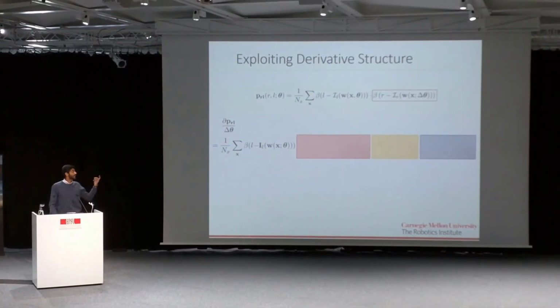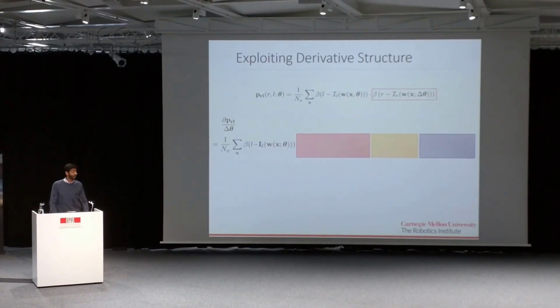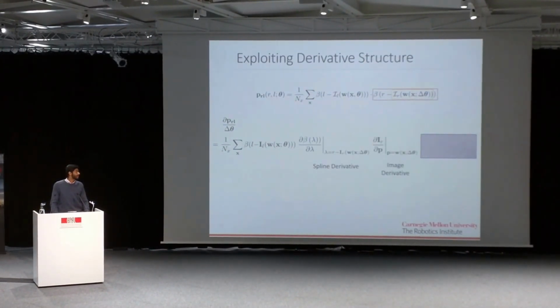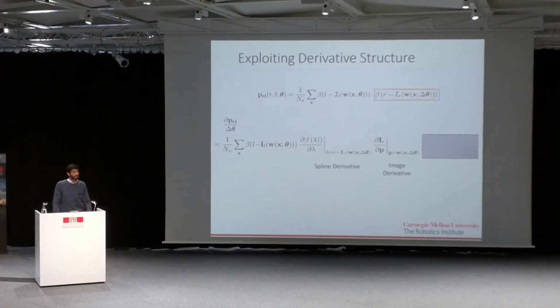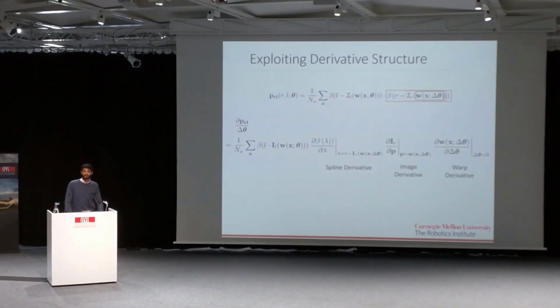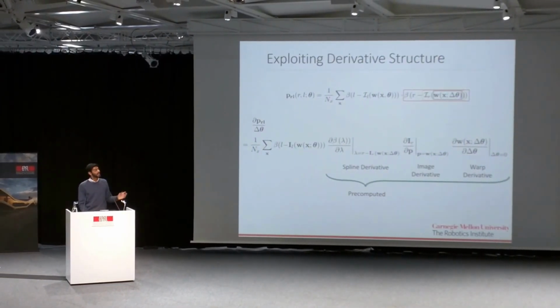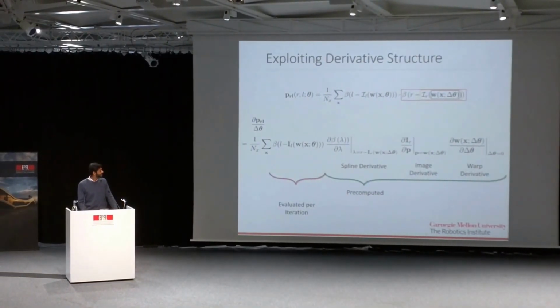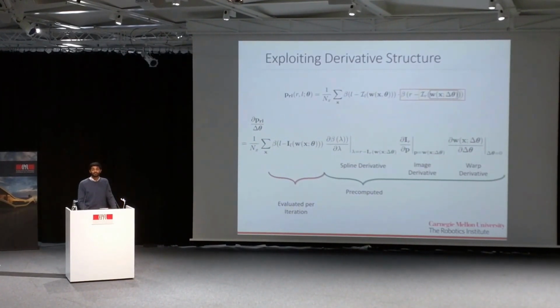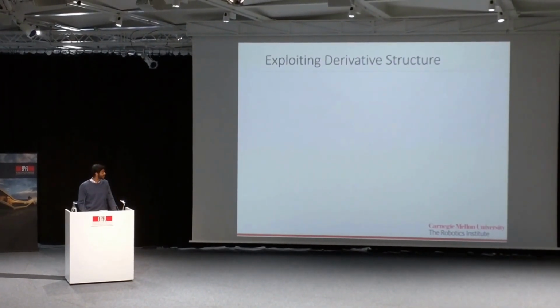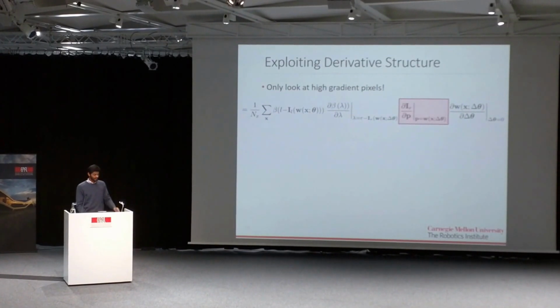First we take the derivative of the windowing function. That gives us a spline derivative, which we already knew was analytic. Then we get an image derivative, which again we can compute at the reference image. And finally we get a warp derivative, which is again computed at the reference image. So essentially for every Jacobian computation, all we need to do is compute the spline values at the warped image. And this allows us to compute things very quickly.